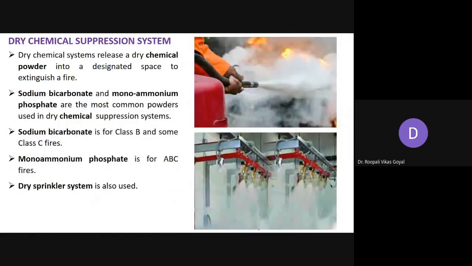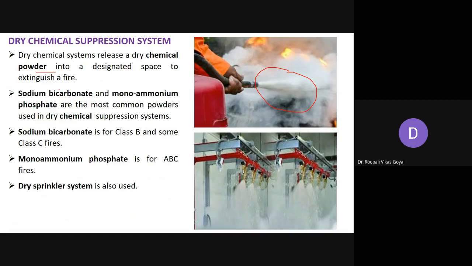Next is dry chemical suppression system. So instead of CO2 that we saw first, here हमको dry chemical powder suppress करना है, ठीक है. So this dry chemical system releases a dry chemical powder. Okay, so उसकी वजह से उसका ऑक्सीजन पे और उसके पूरे रिएक्शन पे इफेक्ट आता है, ठीक है.